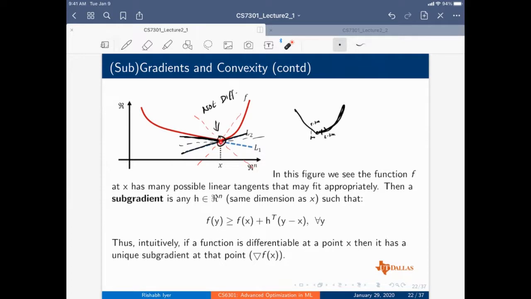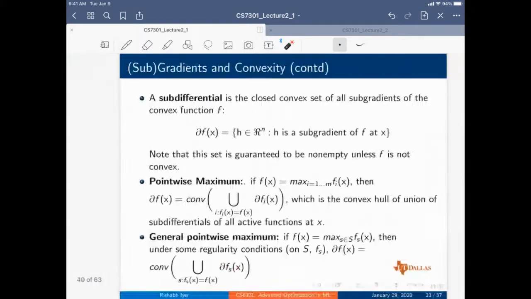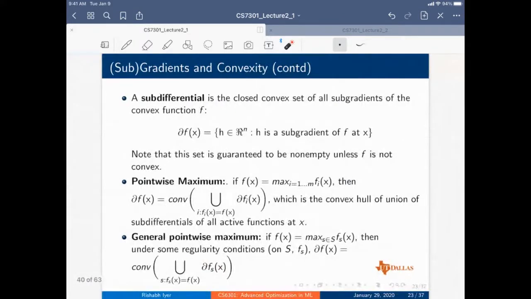So at this point, we want to take a look at the possible subgradients of this, and we want to take the possible subgradients of this, and we take a convex hull of these. So the convex hull will give nothing but a set of points. This result is very powerful and can be used to show the subdifferentials of many functions.